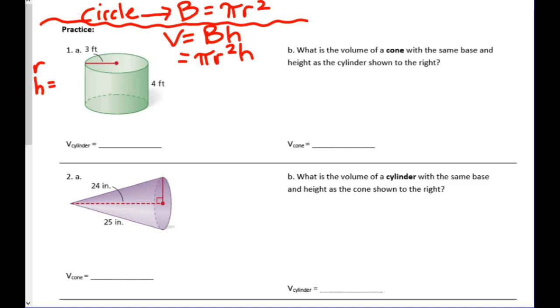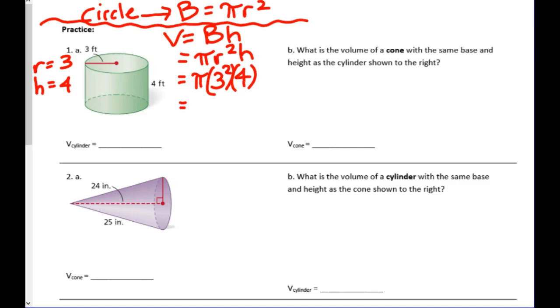and off to the side, what is r? What is h? So what is r? 3. And what is h? Okay. So pi 3 squared 4. I'm going to put these in parentheses, okay, because we're plugging stuff in. We're substituting. So what we're going to type in, pi 3 squared 4, and that'll give us our answer, okay, which is not too hard.